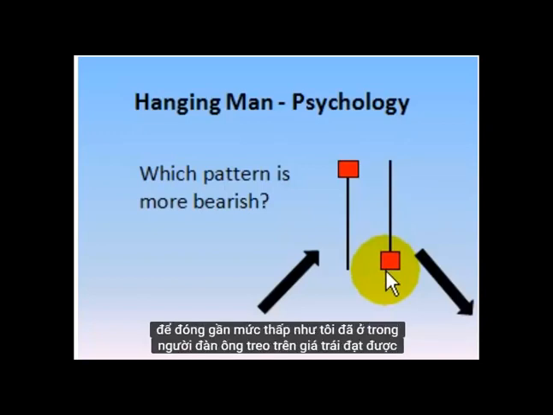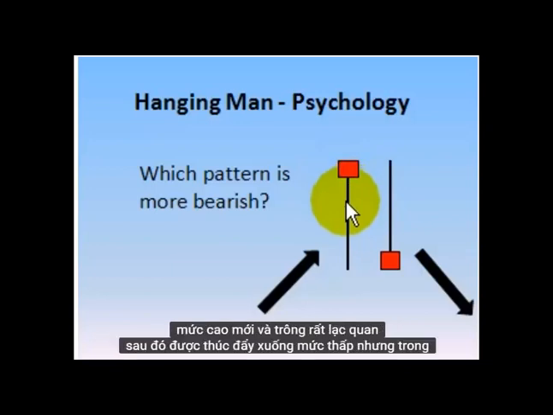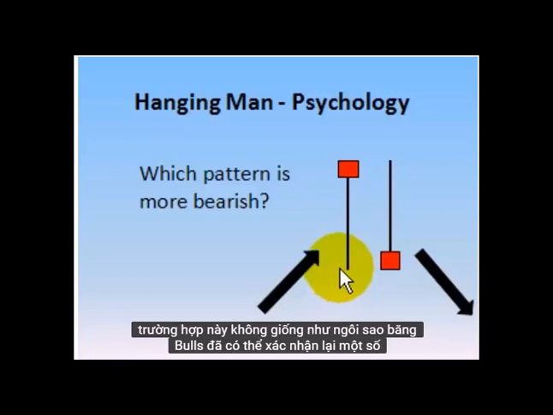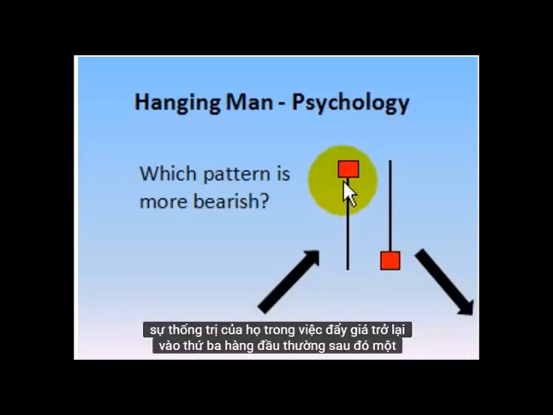Likewise in the hanging man on the left, price achieved new highs and looked very bullish, was then driven down to the lows, but in this case, unlike the shooting star, the bulls were able to reassert some of their dominance in pushing price back up into the top third.